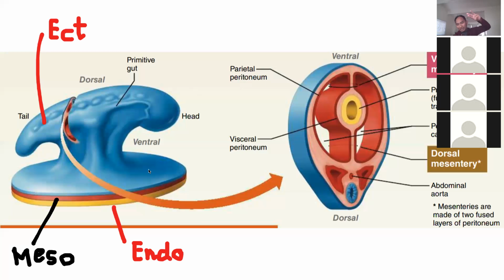Like this, the 3 layers are endoderm, mesoderm, and ectoderm. Initially it is like a saucer disc shape, and this disc has to fold from head end and tail end, and from side to side. Gradually it becomes like, look at that, the outer covering, the blue here.